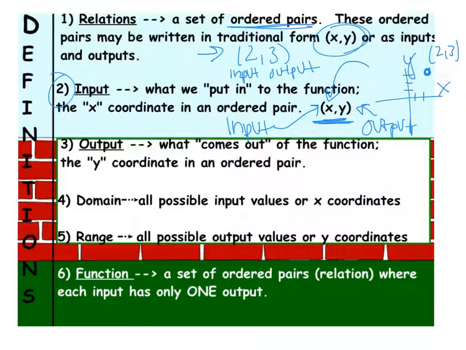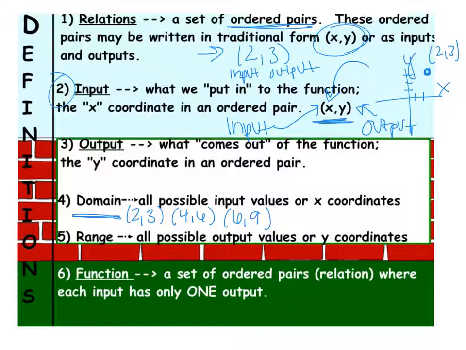Okay? Number 4, domain. Domain refers to all the possible input values or the x-coordinates. So if I have a relation, if I have a group of ordered pairs, let's say I have the ordered pairs (2, 3), (4, 6), and (6, 9).